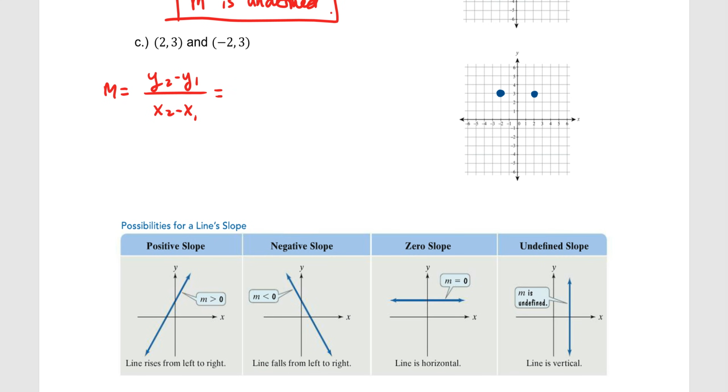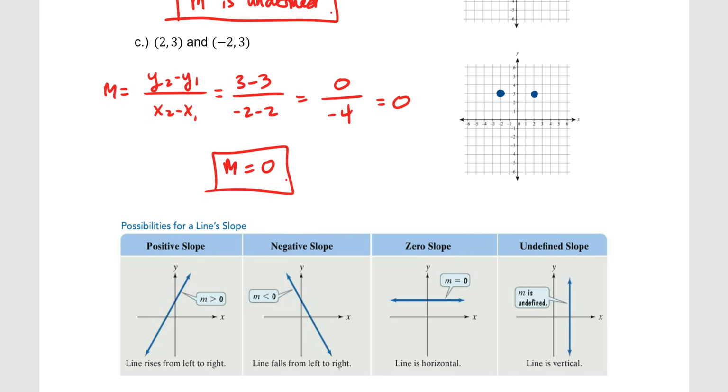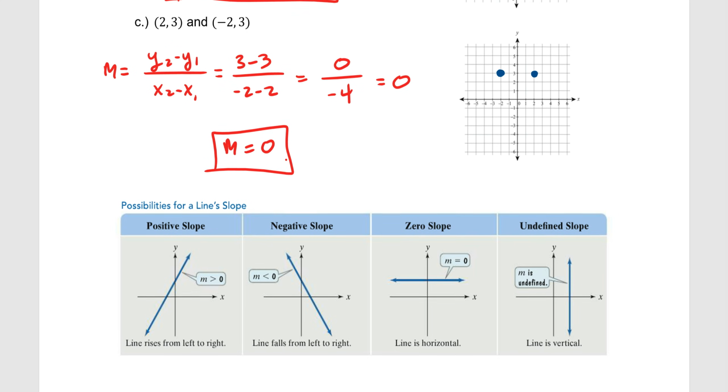Second one is x2, y2. So y2 minus y1, 3 minus 3, over -2 minus 2. That gives us 0 over -4. 0 over -4 is 0. So if 0 is in the numerator, the answer is just 0, so don't leave it as 0 over -4, write it as 0. So horizontal lines have a slope of 0.